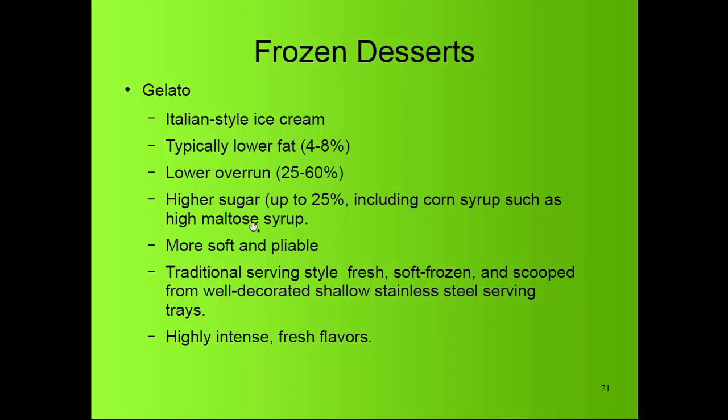And it's more soft and pliable. Its traditional serving style is fresh, soft frozen or scooped, and they have these really well decorated shallow stainless steel serving trays. So it's highly intense in its fresh flavor.